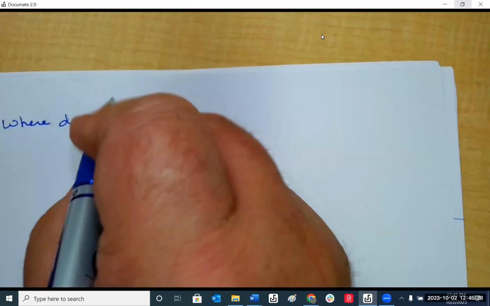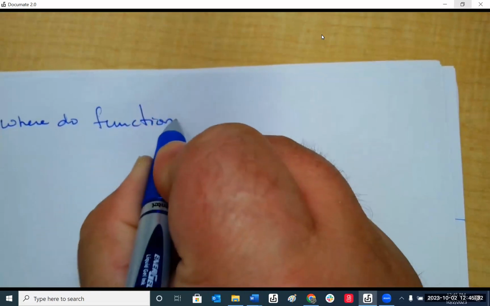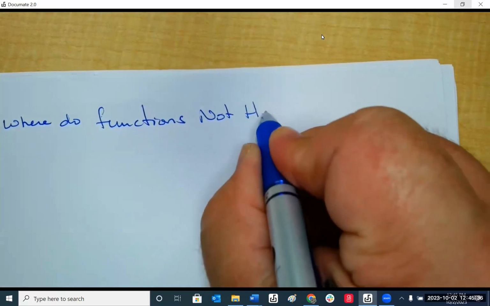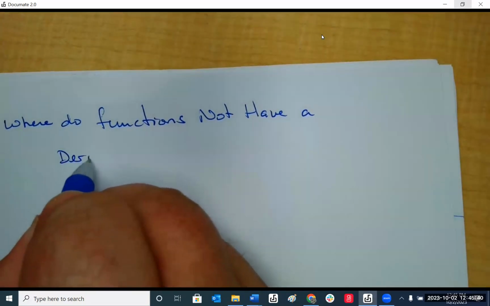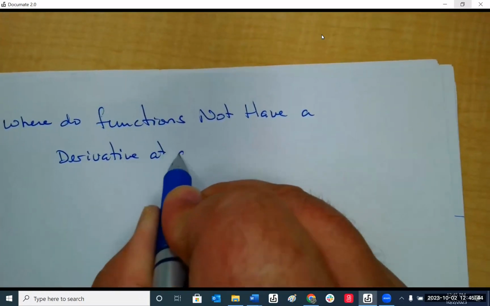Where do functions not have a derivative at a point?